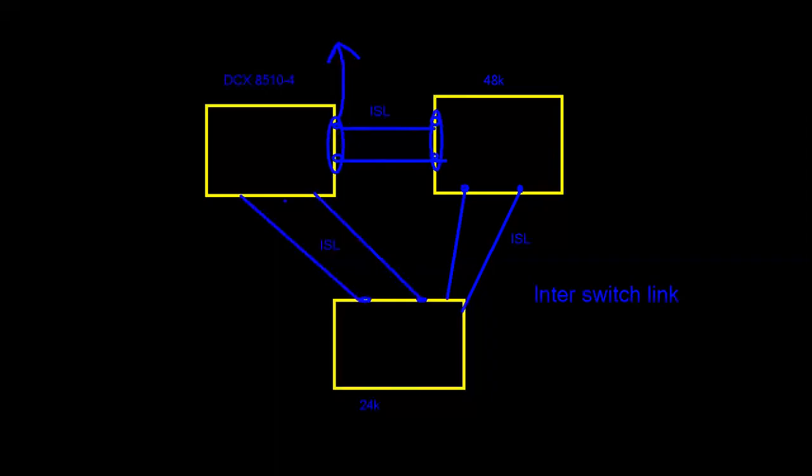If you have more switches, you have to use more ports, right? That will be a waste of ports. So in order to reduce this wastage of ports, they brought a concept called ICL. ICL means inter chassis link. This is one more concept.